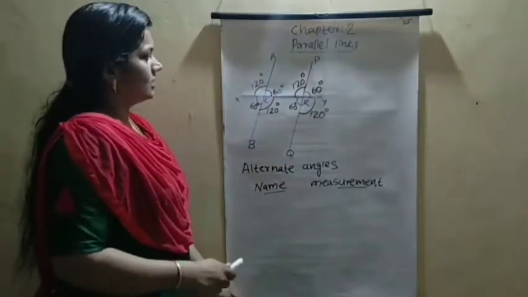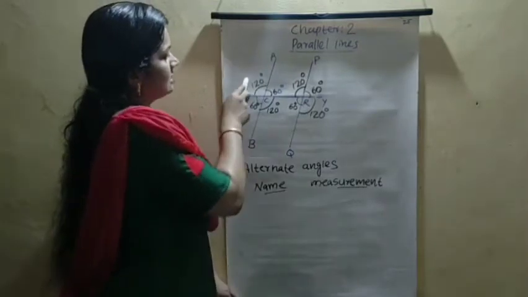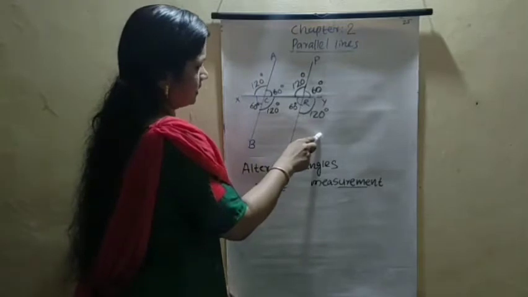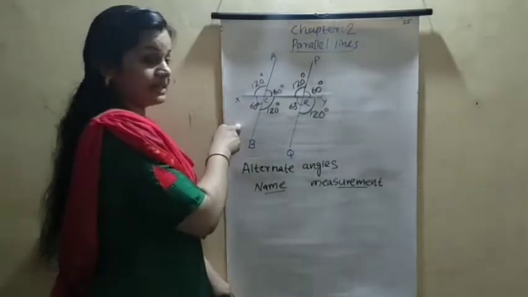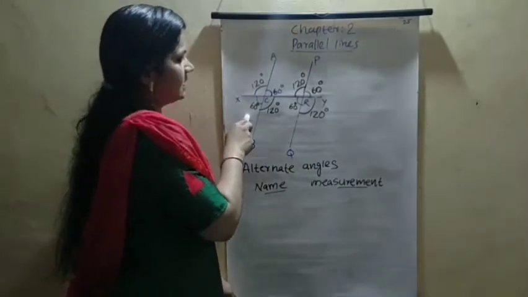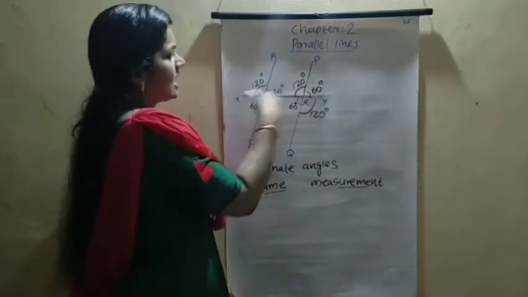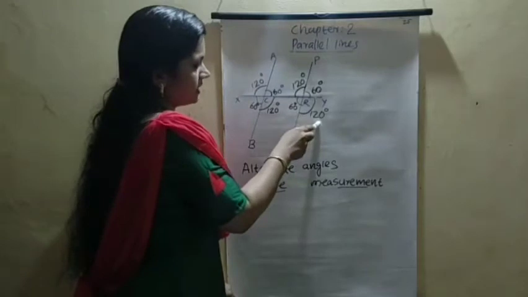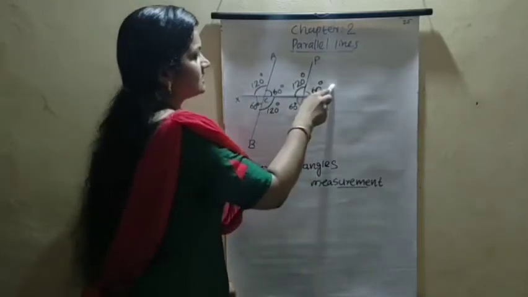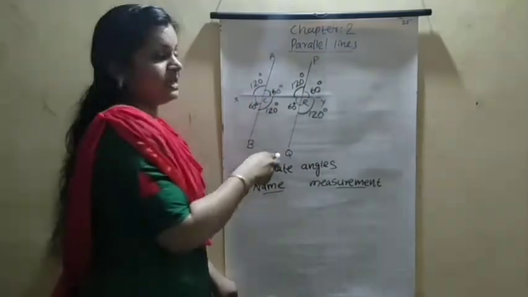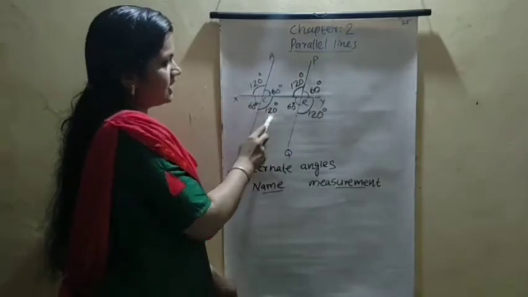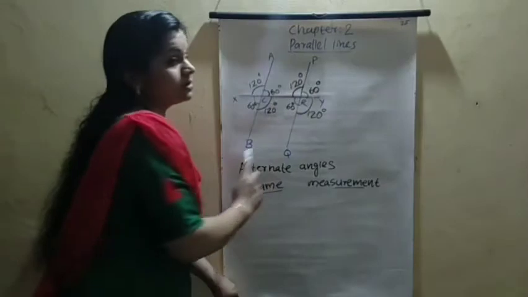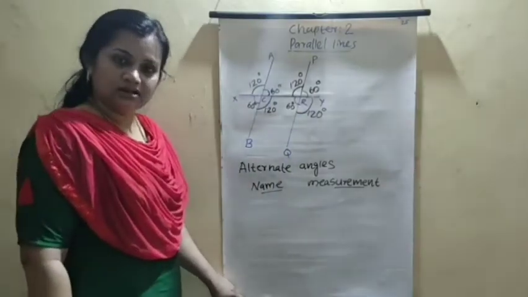The first pair is 120 degrees and 120 degrees. Another pair of alternate angles is 60 degrees and 60 degrees. Then the pairs of exterior angles: 120 and 120, 60 and 60. Then the pairs of interior angles: 60 and 60, 120 and 120. These are the four pairs of alternate angles.